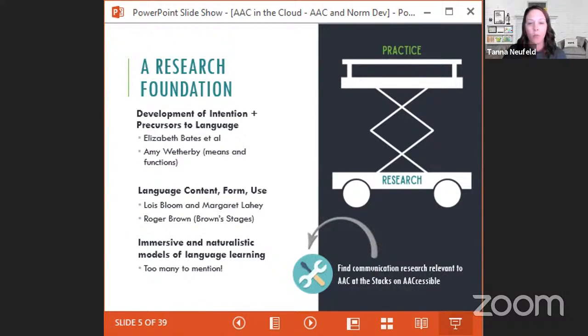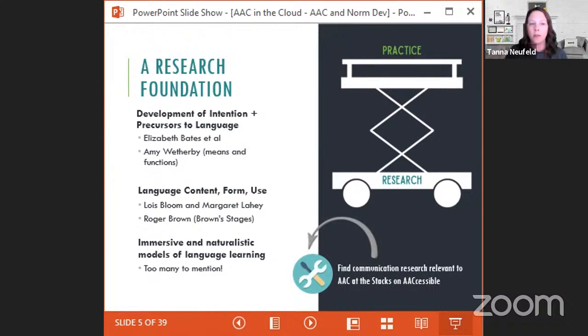And I think that one of my catalysts for really taking on this typical development approach in the trainings I do for professional education, and also in the way I teach my graduate students in my current course, has been from my prior experiences in the field where I really lost track of AAC being a part of typical communication development. It was taught to me, or perceived by me in my early learning, as this separate thing, right? It's the technology and the tools.